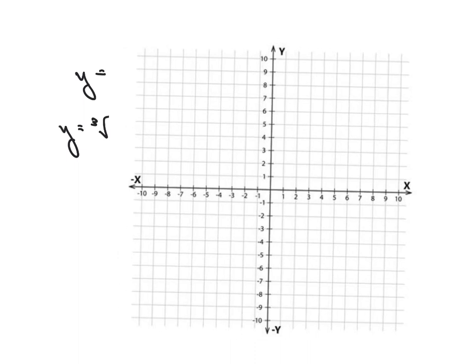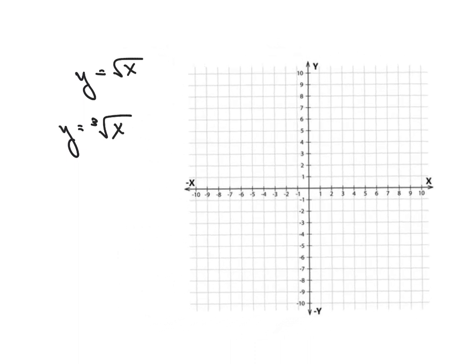Okay, just lastly on page 548, we have two different equations here that they graphed. One is y equals the square root of x, and the other one is y equals the cubed root of x. So let me get the graph on here. What happens if we do an x and a y for this one?